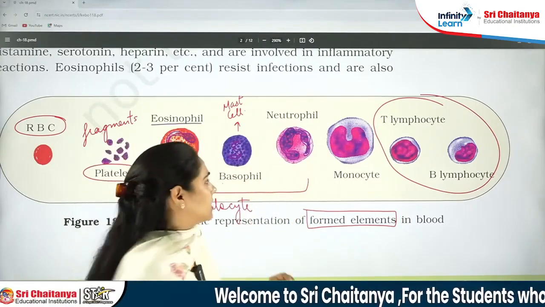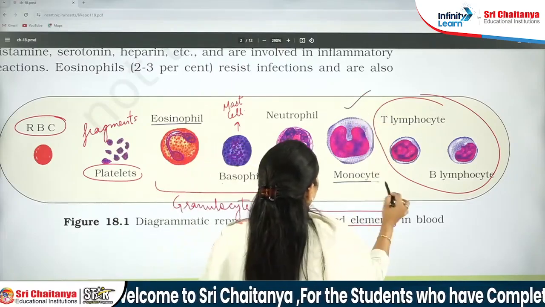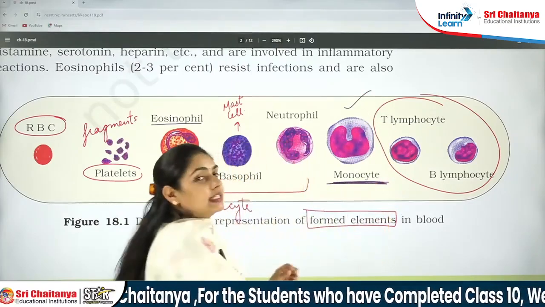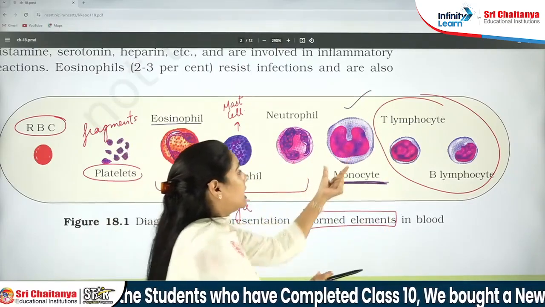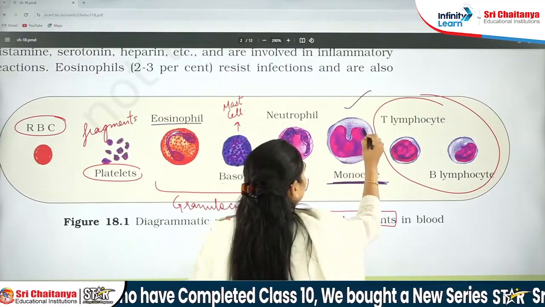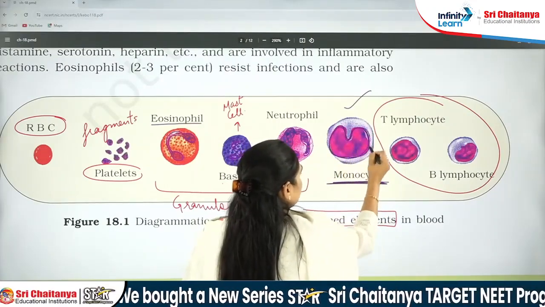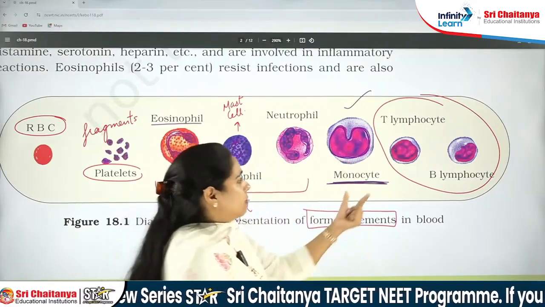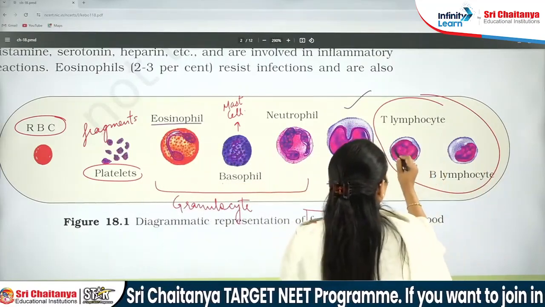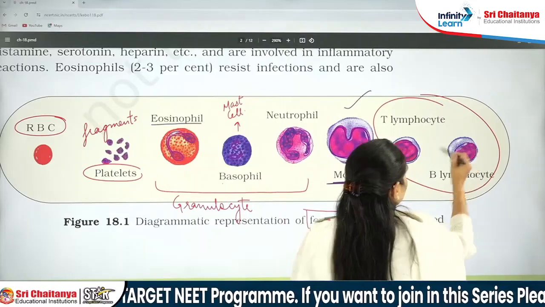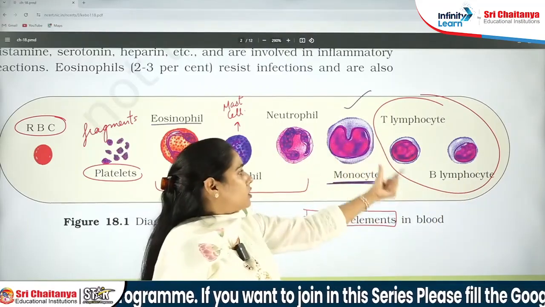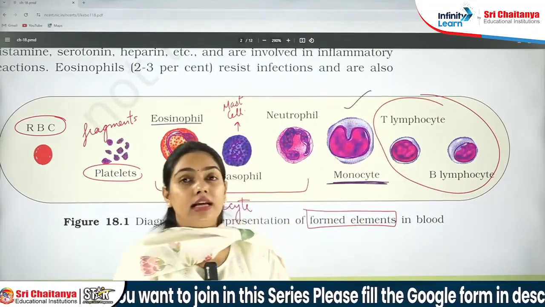Largest is monocyte. Very good. Monocyte is largest in size and it has a large bean-shaped or kidney-shaped nucleus. In lymphocyte, there is a round nucleus.